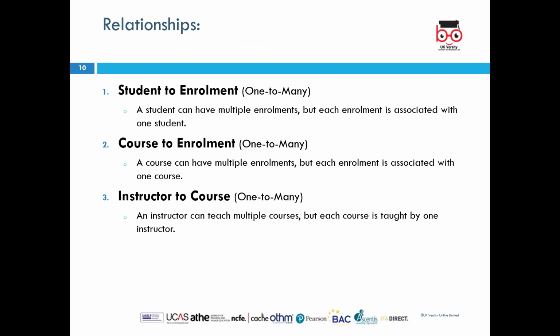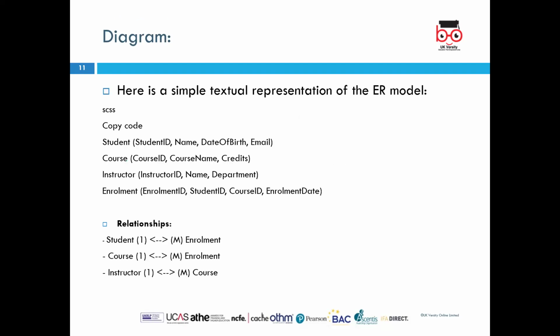So we spoke about relationship types. Student to enrollment can be one-to-many, depending on circumstances. Courses to enrollment could be one-to-many. Instructor to course could be one-to-many.